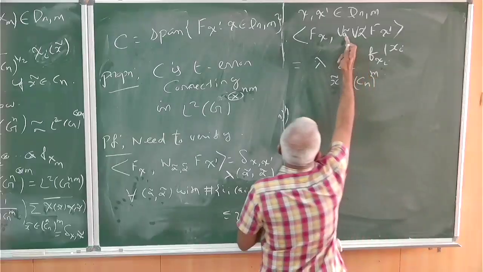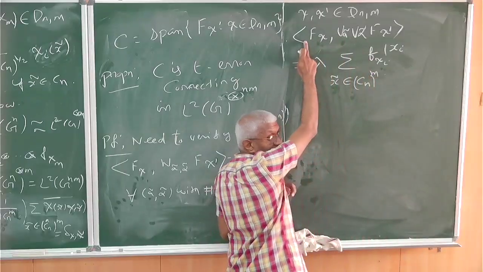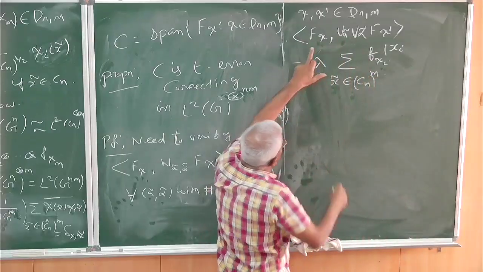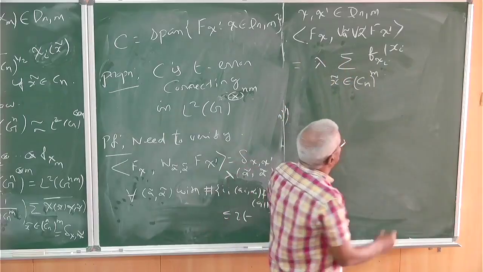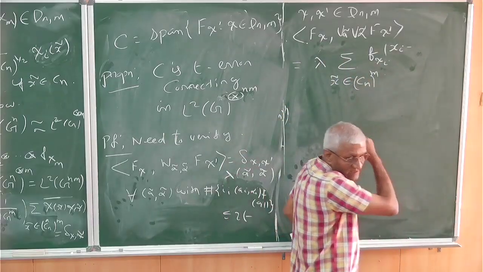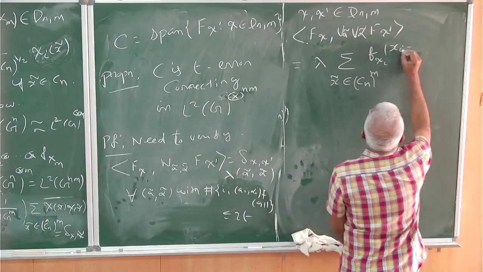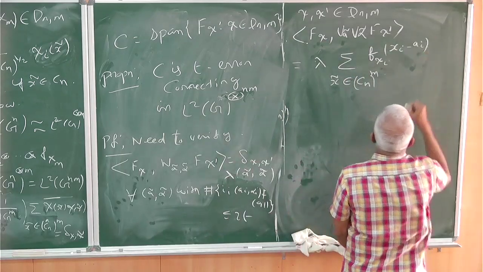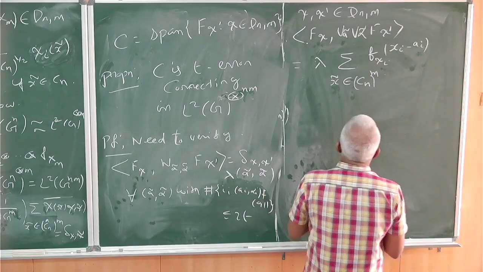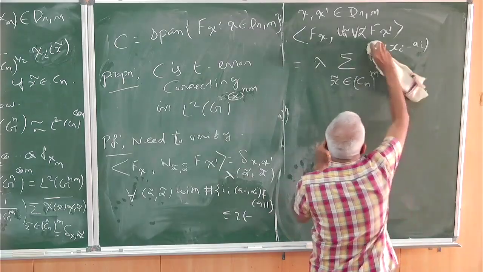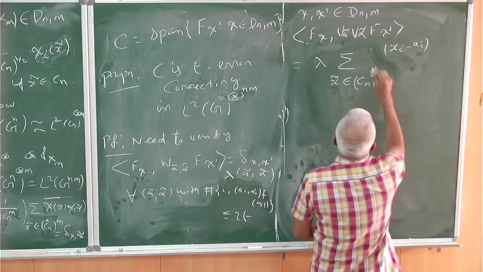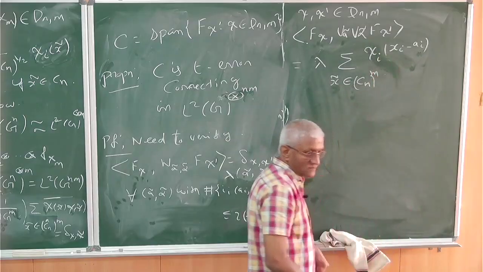This U_A delta will go here as U minus a. U minus a will shift it by minus a, and each one it will shift. That is the tensor. It is going to be U of x_i minus a_i. That's what you get. I've written the constant there. So this is going to be chi_a of this, by definition.